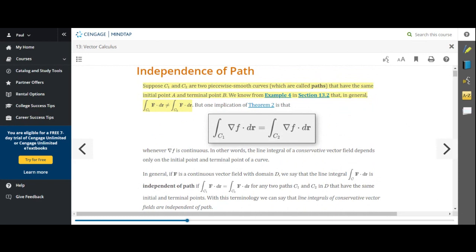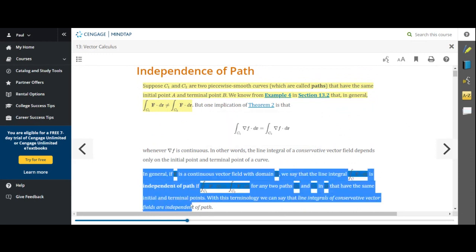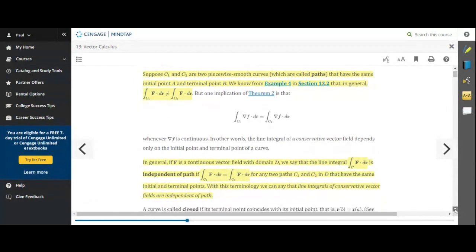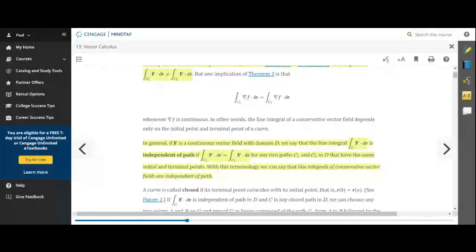Okay, and indeed it's true, because I want to make sure I'm saying this very carefully: if the vector field is a continuous vector field, then the line integral is independent of path if the line integrals of the vector fields along any two different paths are the same.